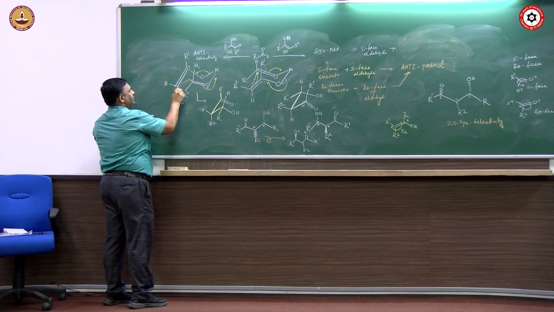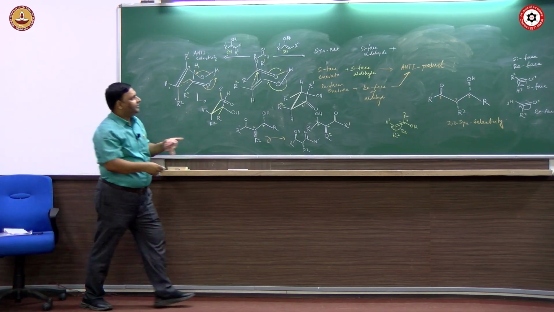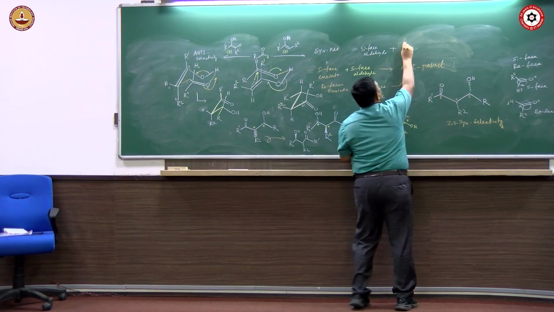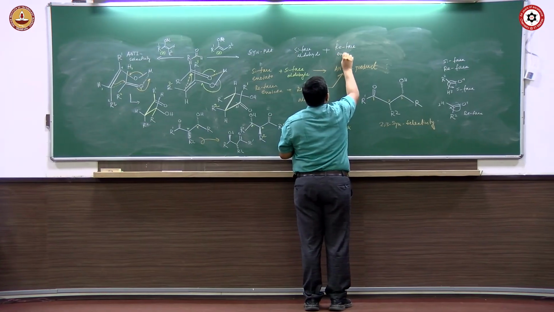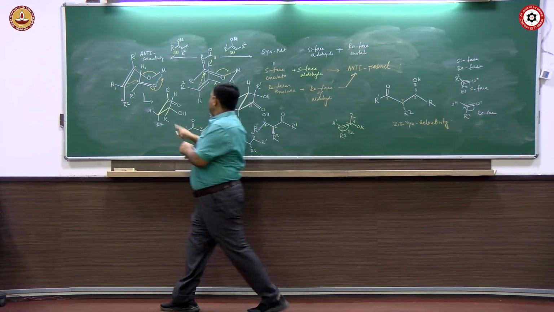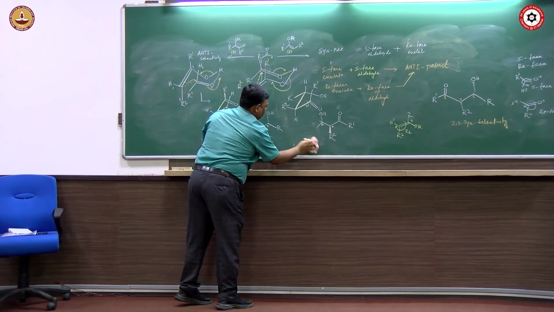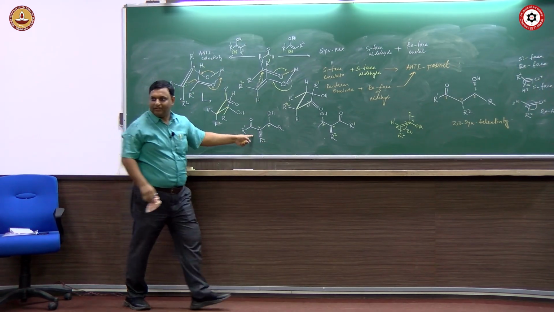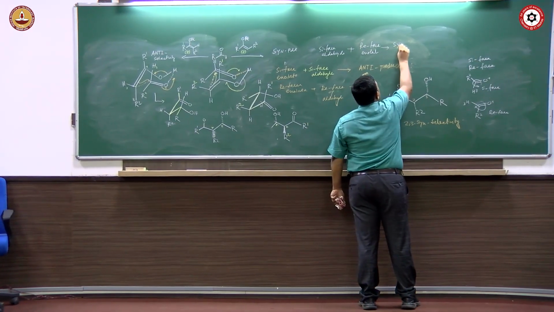Because this is now 1, this is now 2 and this is the 3. So, the re phase of the enolate. So, the C phase of the aldehyde is now using the re phase of the enolate. If that is the case, which product are we getting? We are getting the syn product.